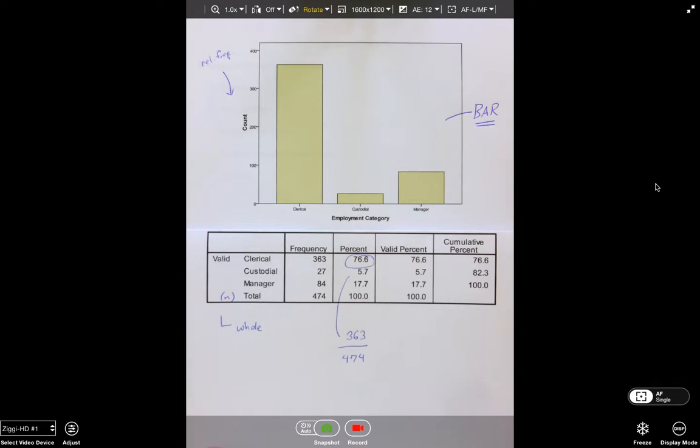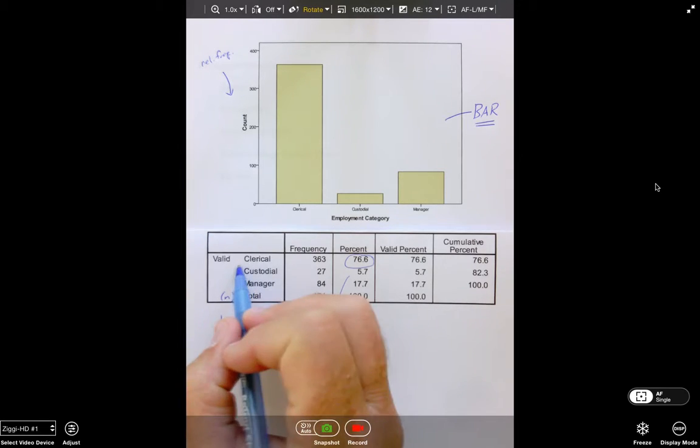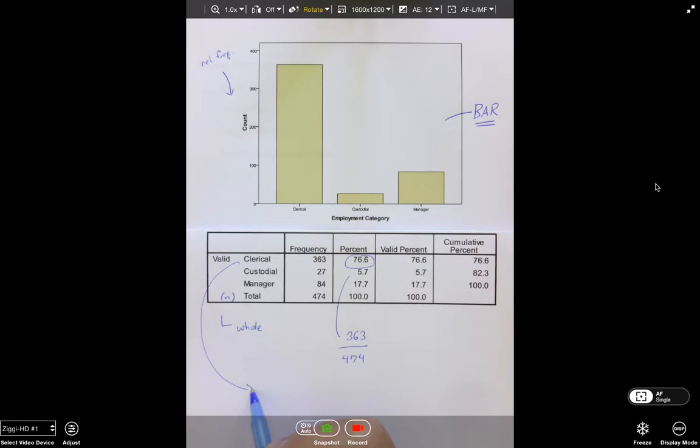Now, sometimes if we had other information, for example, let's say we come into clerical and we see that there were 100 women and there were 263 men who were clerical.